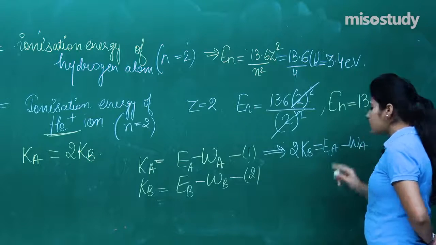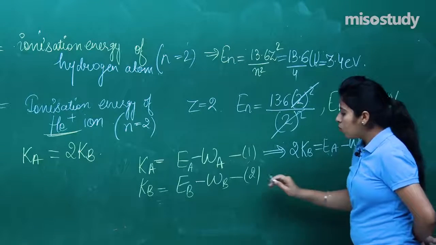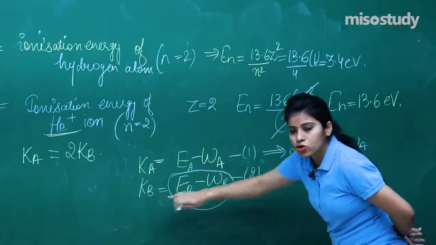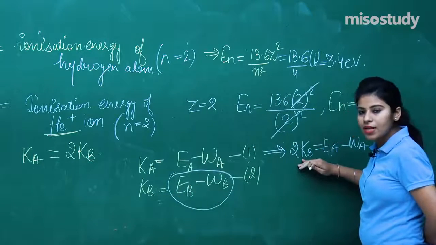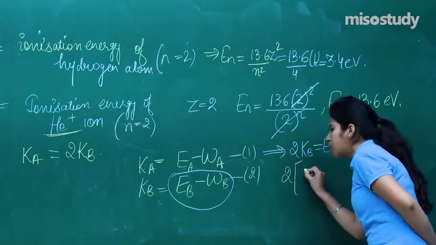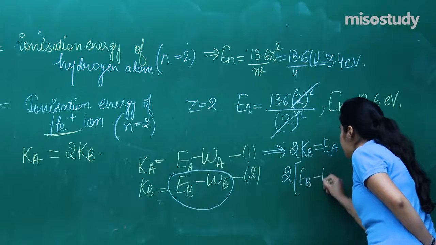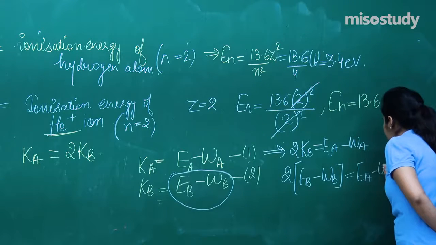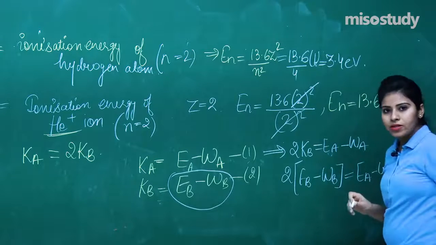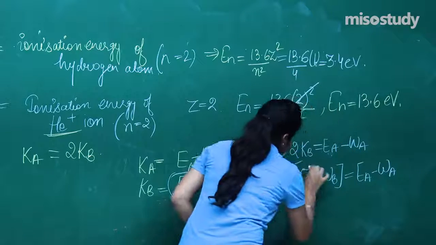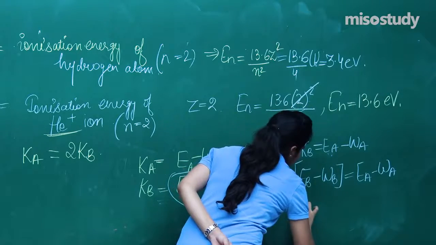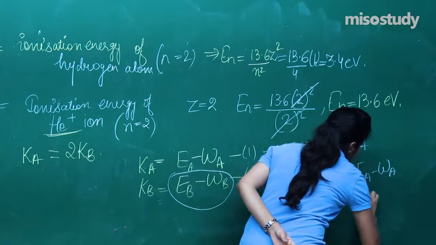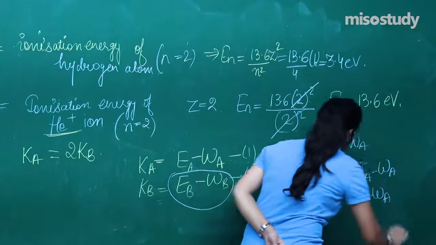Now this is the value of Kb, so put this value of Kb on this side, and you will have 2 times Eb minus Wb equals Ea minus Wa, right? Now just open this bracket: 2Eb minus 2Wb equals Ea minus Wa.